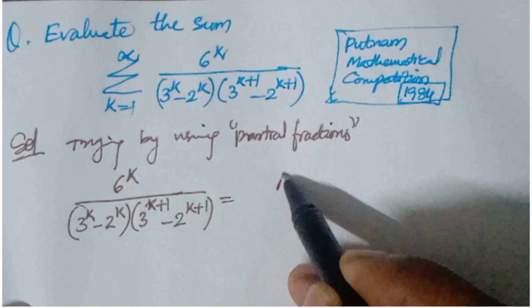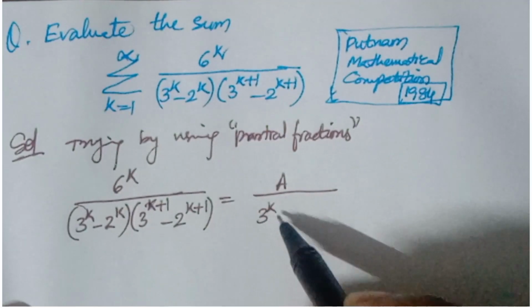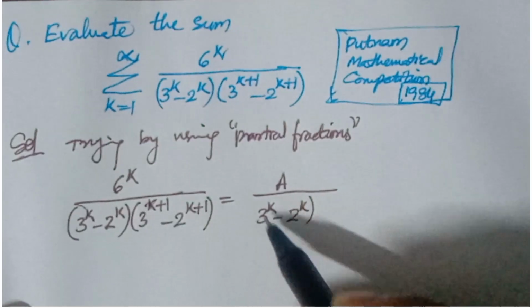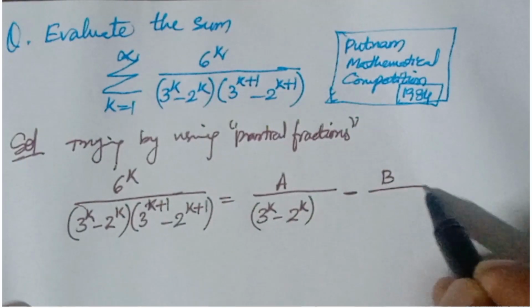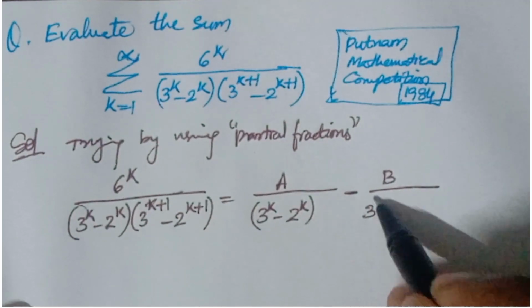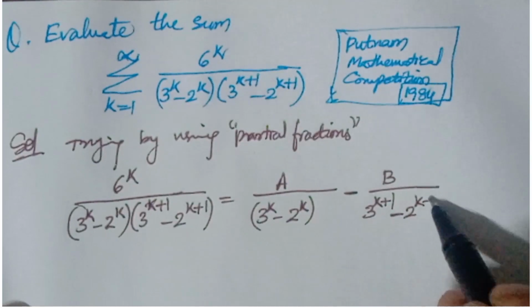This can be written as A by (3^k minus 2^k) minus B by (3^(k+1) minus 2^(k+1)).